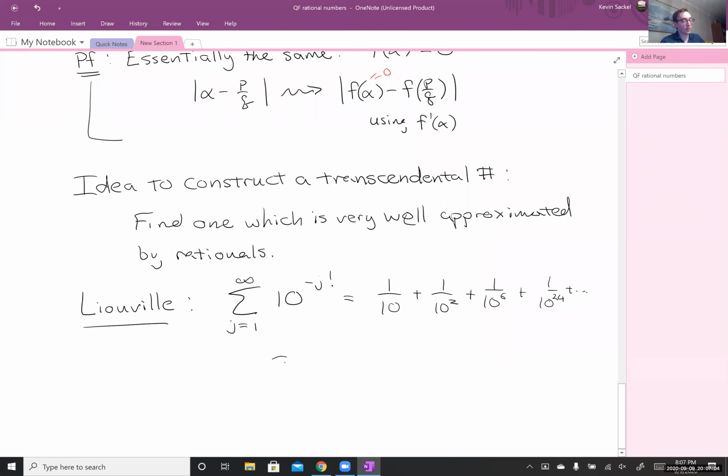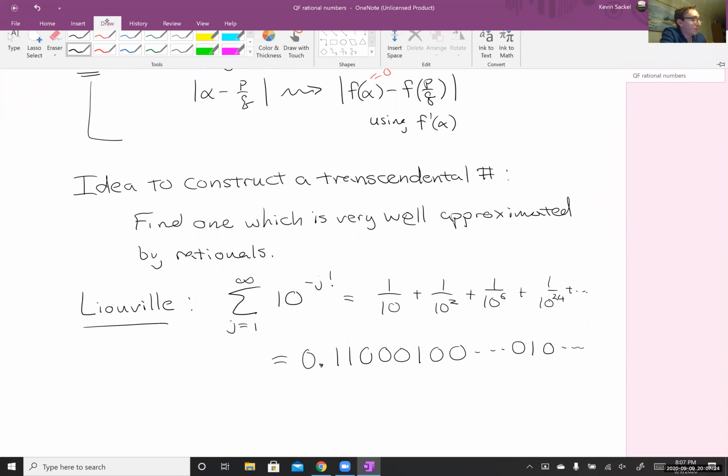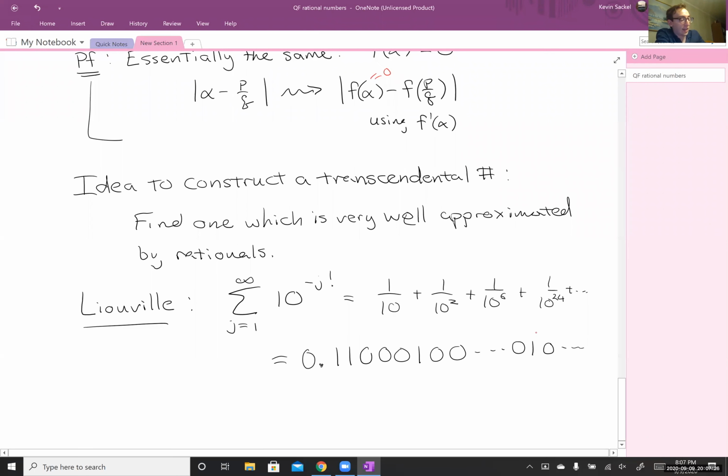Or in decimals, this would be 0.110001, and then lots and lots of zeros with a 1, and then even more zeros. So these ones get spaced farther and farther out. What we see is that if I cut off my approximation, say here, then that's a ridiculously good approximation for my number.